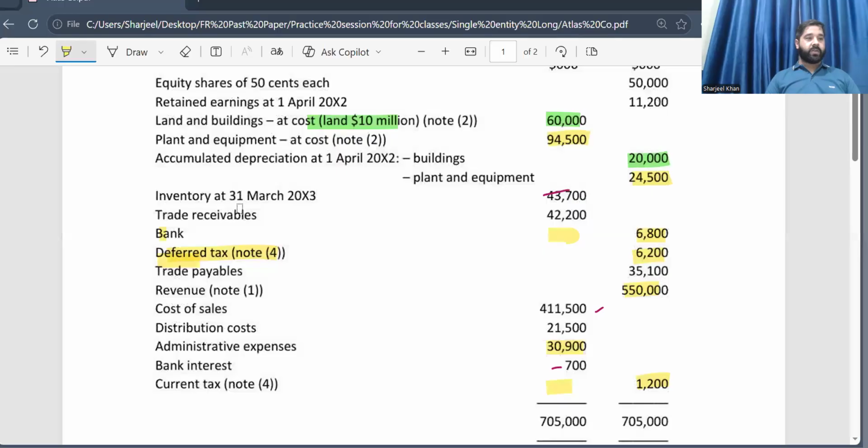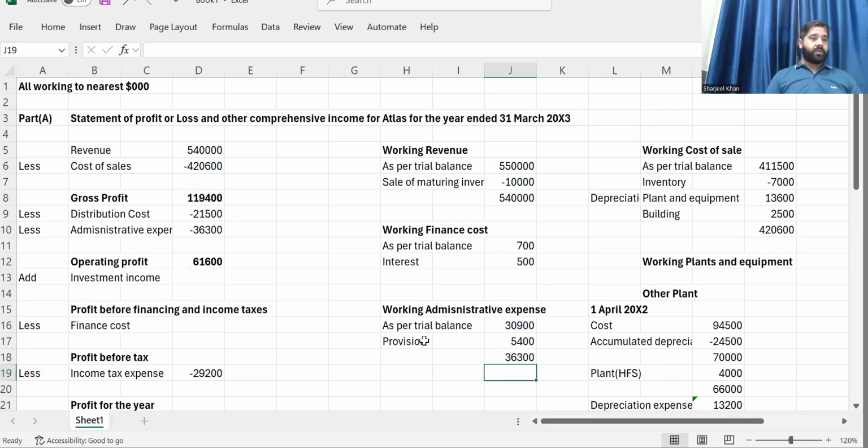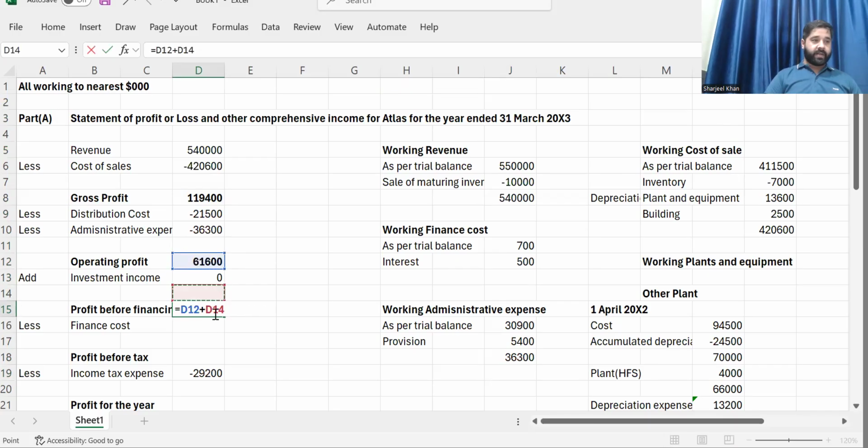Distribution cost, no working for the distribution cost. So it will be same just like the trial balance, 21,500 for admin. Right? And investment income, no working, so 0. Profit before financing income taxes will be same just like the operating profit.